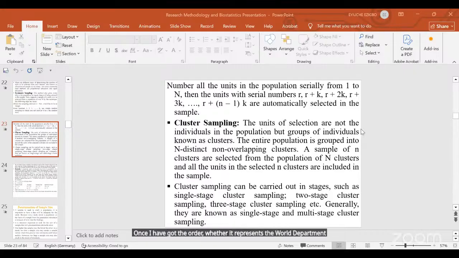Maybe they went for an excursion, and I recruited them. What I am doing is studying this faculty. Wherever they are coming from is not important to me. I hope it's understood. In such a situation, we are not considering spread. We are not considering representation. We are considering results. So that is consecutive sampling.